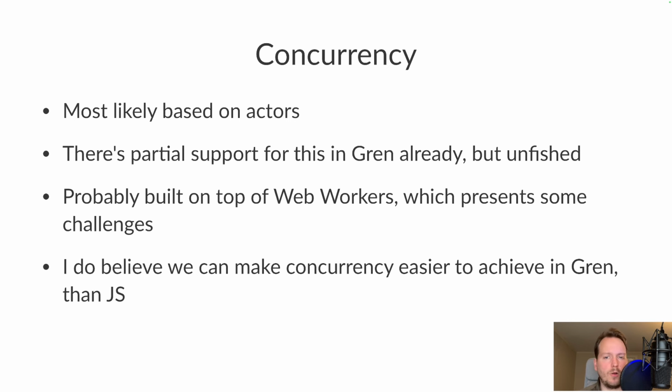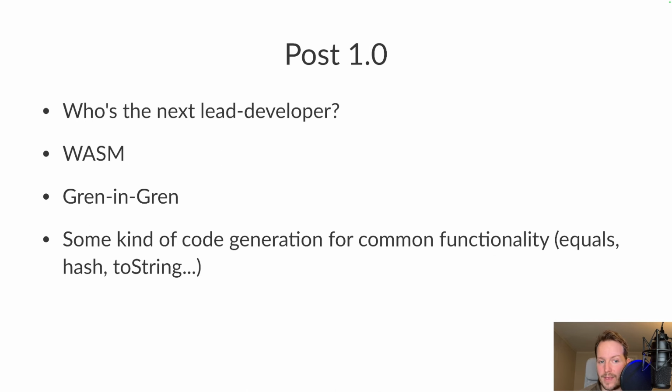But there are things that I already know that I'm going to look into after 1.0. And perhaps the most important thing is who's going to take over after I'm done. Which is not to say that once Gren 1.0 is released, I'm going to stop working on it. I will continue working on Gren as long as I find it interesting, and I expect that to be a very long time.